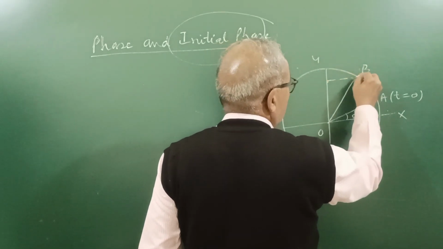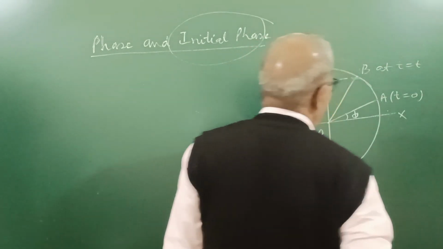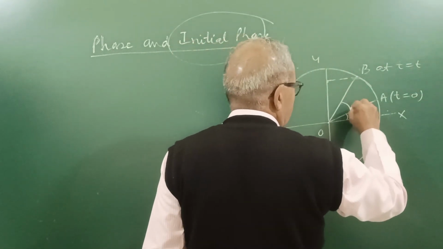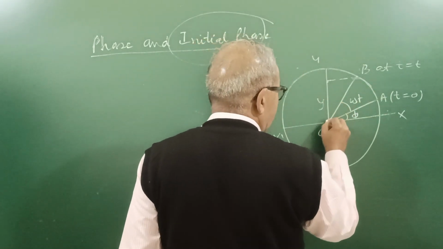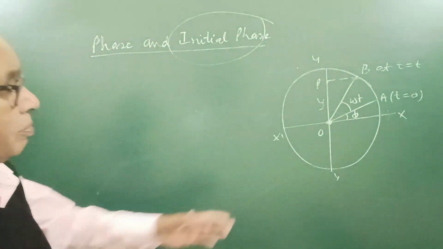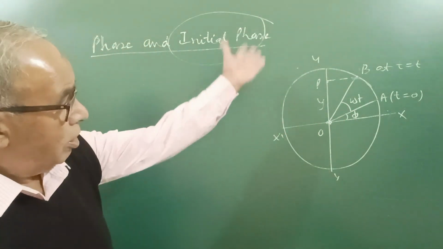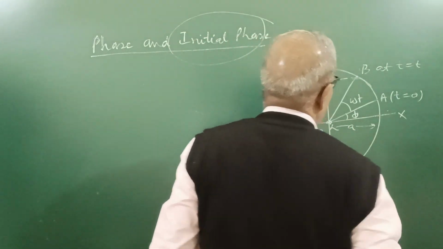At t equal to t, this angle omega t is turned. So displacement is always measured from the origin, the center of the circle.